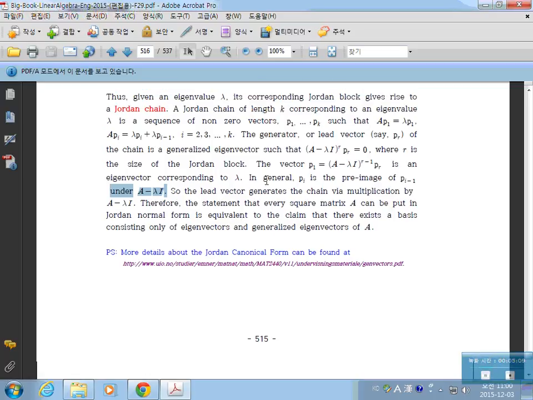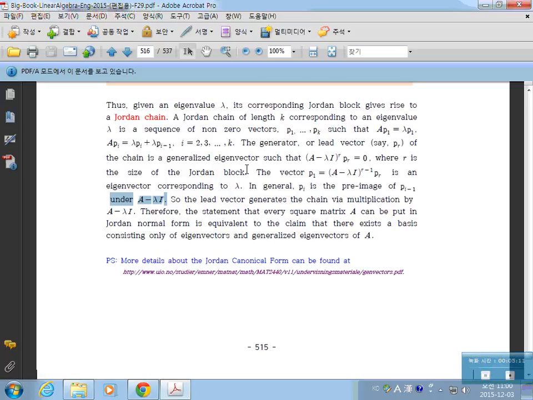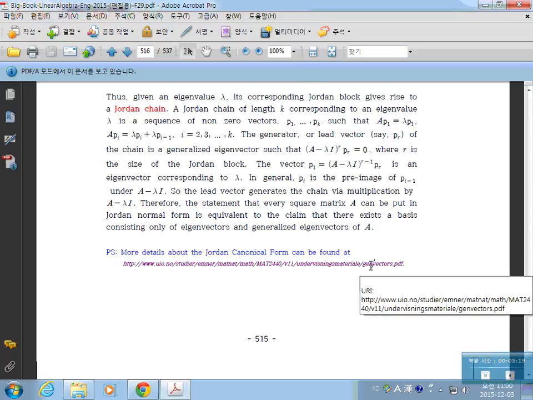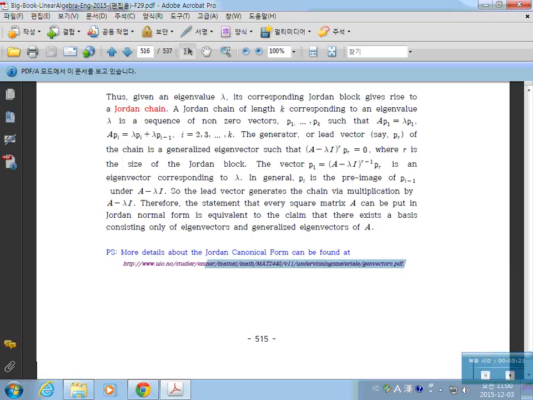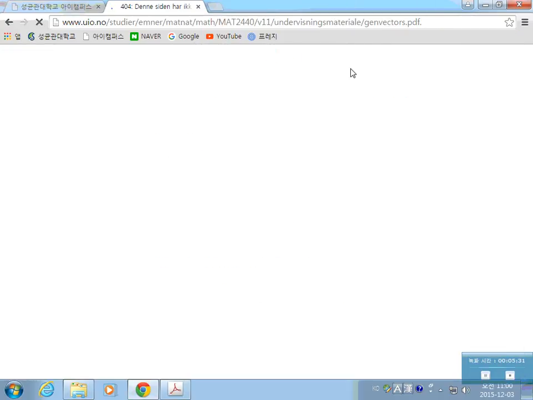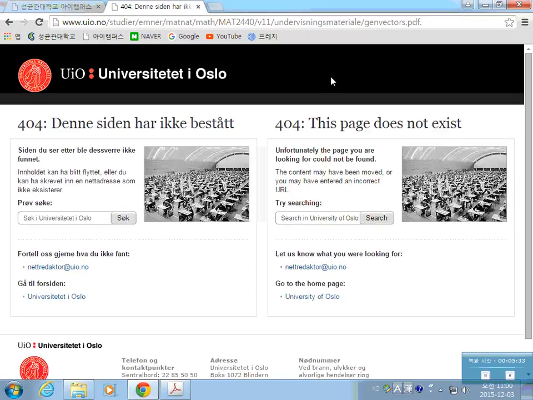So the next thing is how to find the length of the Jordan chains. This can be found in the reference that I gave you. Here is the English version of the reference of others. This is my reference for you, and this is other information that you can easily find by Google search.